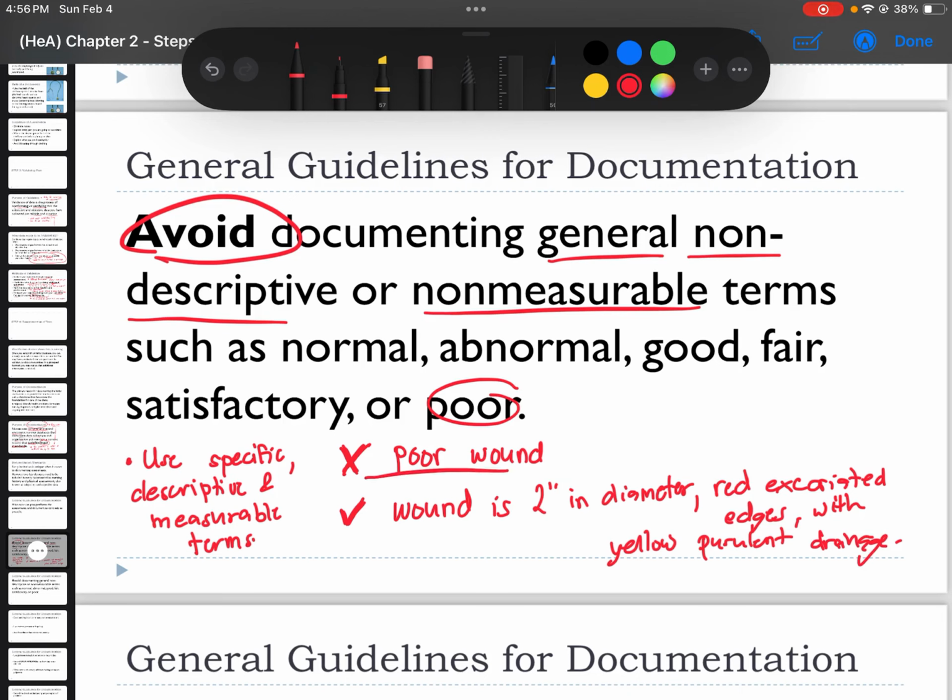Okay, do not document poor wound because that is just general. It could signify a lot of things. It could signify a lot of other wounds, no? So you have to be very specific, very descriptive, and you have to use measurable terms.